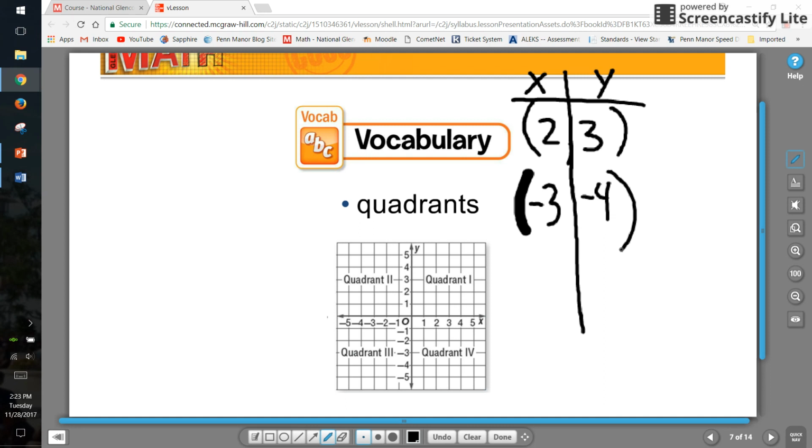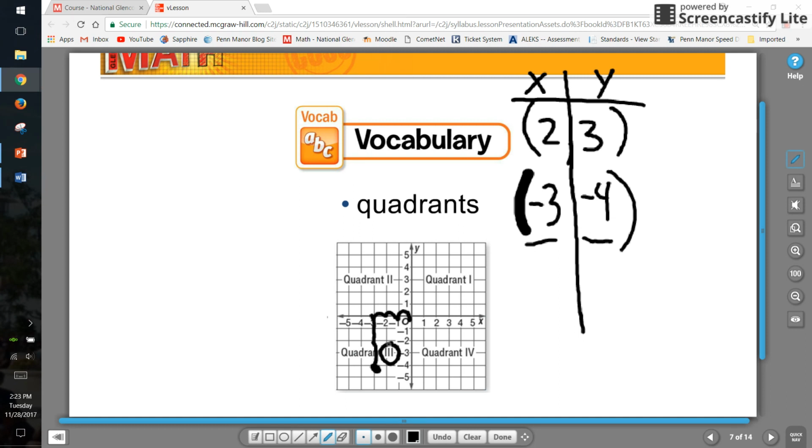So first comes x: start at our origin and count -3. 1, 2, 3. And then our y-axis says -4, so I'm going to go down 4. 1, 2, 3, and 4. So I could say that the ordered pair -3, -4 is in quadrant number 3.